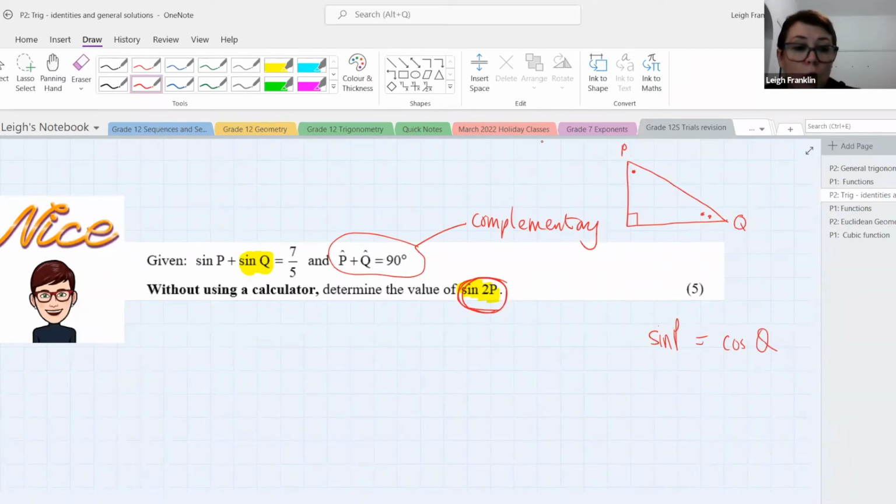Which means that the sine of Q is going to be the same as the cos of P. Does that make sense?